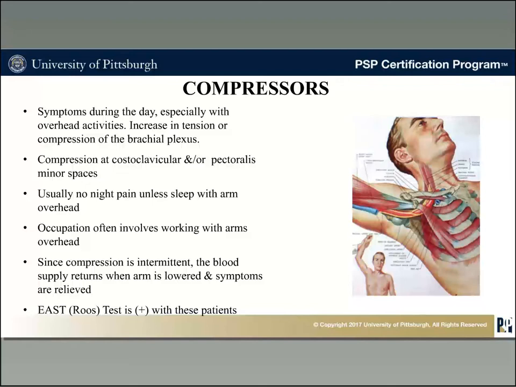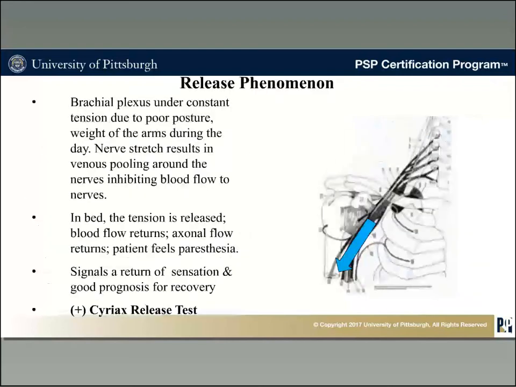Oftentimes these individuals are involved in occupations or activities which will put them into these compromised positions on a fairly regular basis. The EAST test or the RUSE test or the elevated arm stress test is oftentimes positive with these patients, and what they're primarily experiencing is a compression that is somewhat intermittent in nature, and as soon as the compression is removed and flow of blood and tension on or compression on the neurovascular bundle is released, then symptoms are oftentimes relieved.